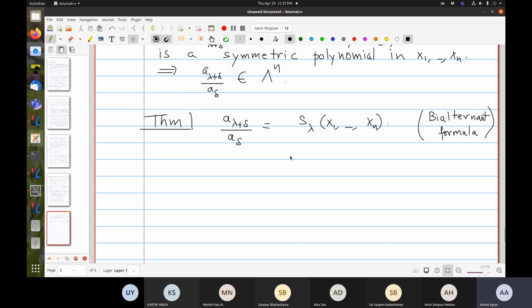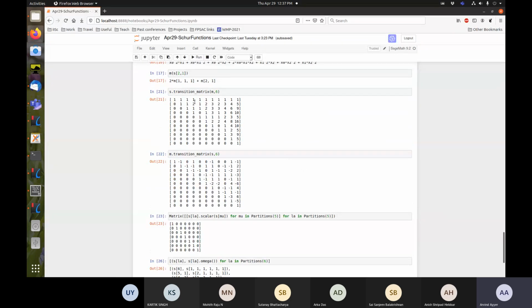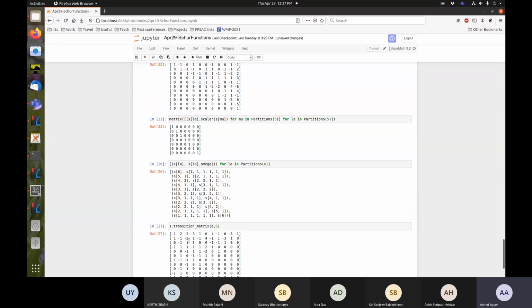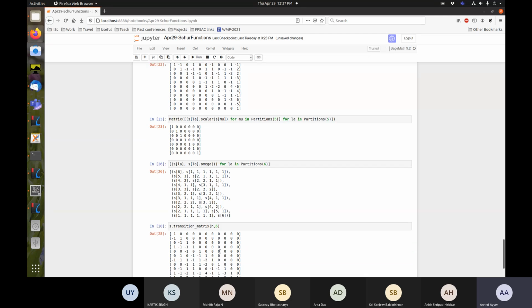Okay, so it is natural to wonder how these are related to the other bases. So we expanded the Schur functions in the M basis, but you might want to see how they look in the other bases. So again, there are nice expansions. So here it is for partitions of 6 in the E basis, and here it's what it looks like in the H basis.